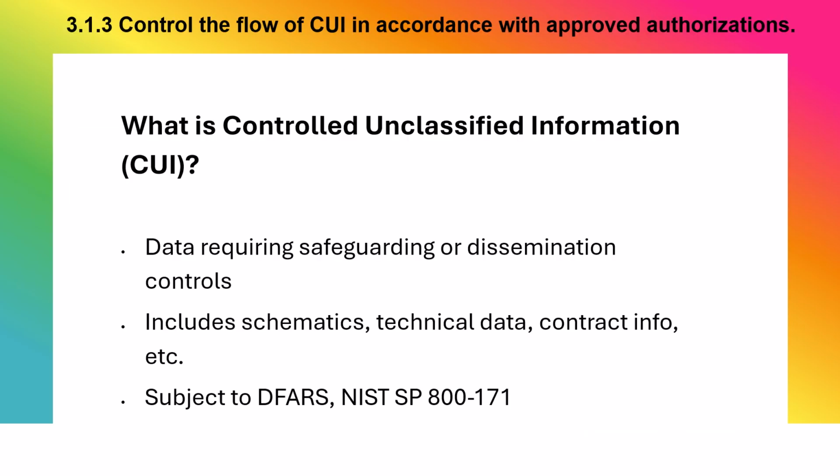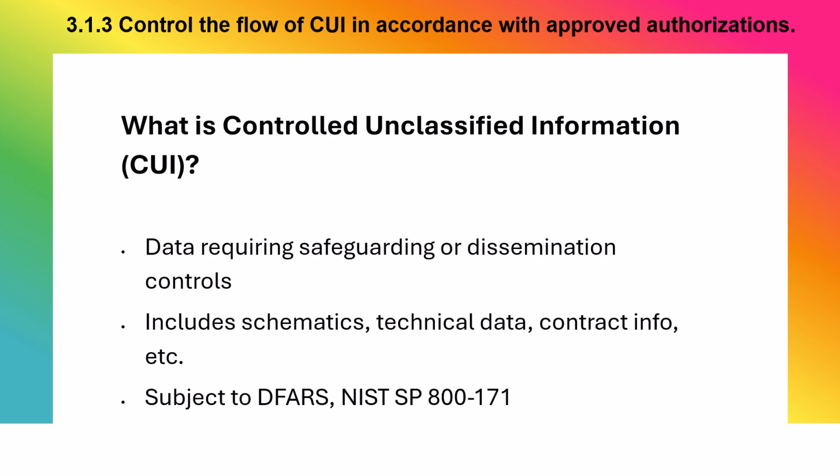First off, what is Controlled Unclassified Information, or CUI? CUI refers to any information the federal government creates or possesses, or that a contractor creates or receives for the government, requiring safeguarding or dissemination controls. It's basically data requiring safeguarding and dissemination controls.